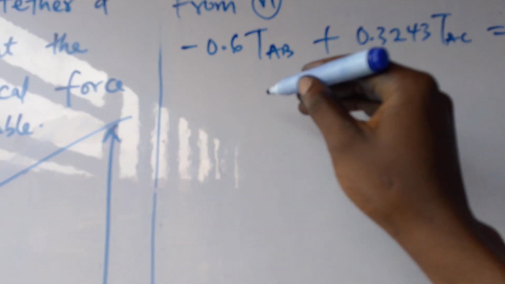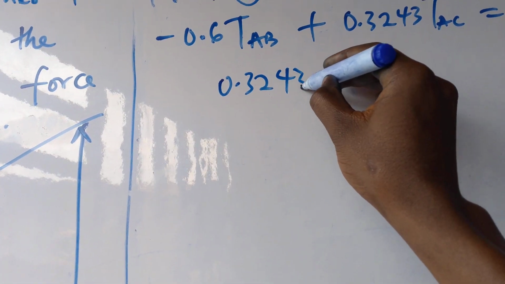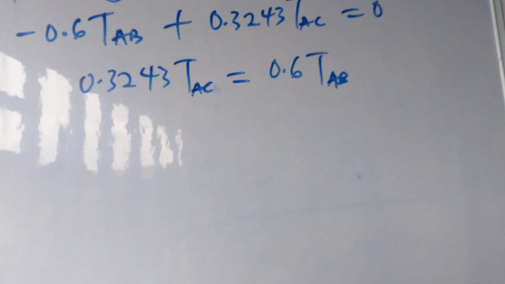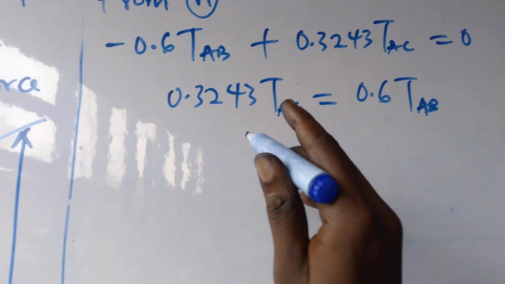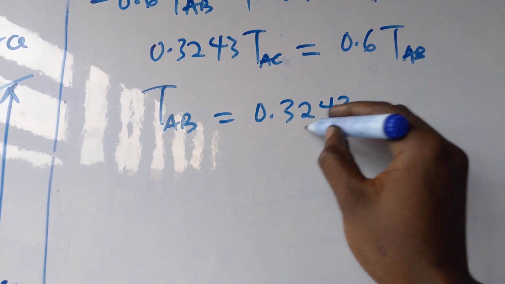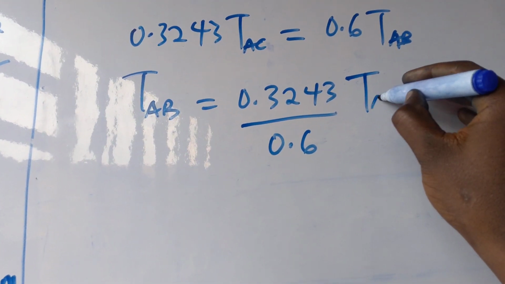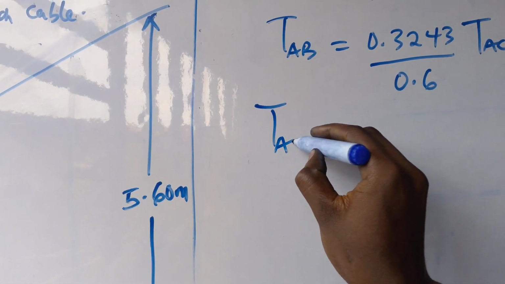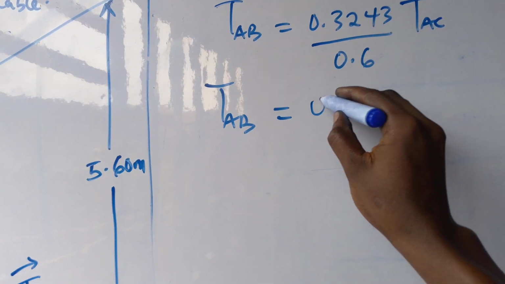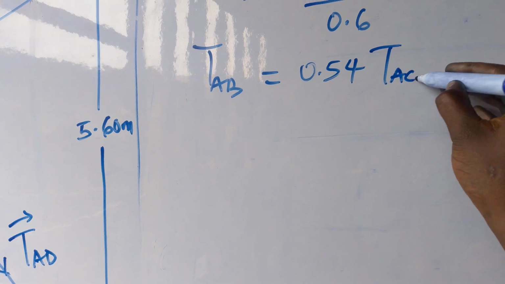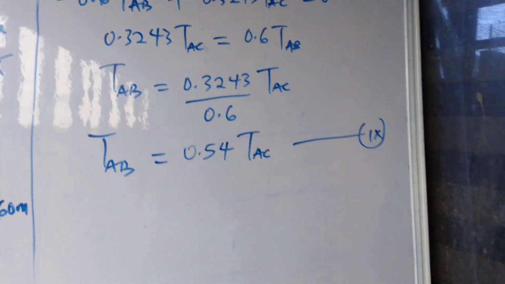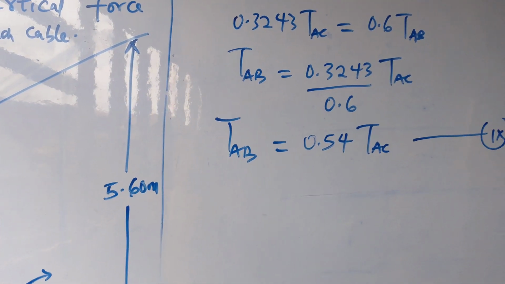If I take this one over, I have 0.3243 TAC equals 0.6 TAB. If I divide by the coefficient of TAB, which is 0.6, I have TAB equals 0.3243 divided by 0.6 TAC. So tension AB will be equal to 0.54 TAC, which I can call equation 9. Okay, and I go back to the other equations.